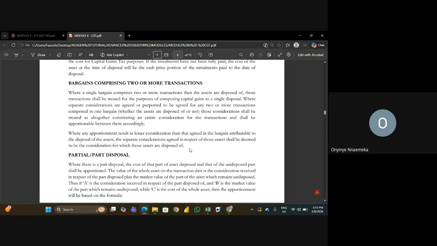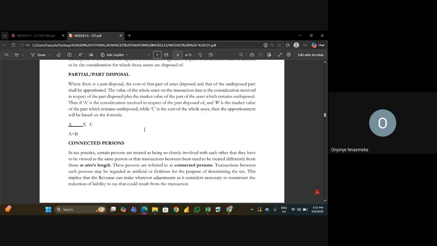Okay. Partial or part disposal. Where there is part disposal, the cost of that part of the asset disposed and that of the undisposed part shall be apportioned. The value of the whole asset on transaction date, that is, on the date at which you sold the part of the asset, is the consideration received in respect of the part disposed plus the market value of the part undisposed.